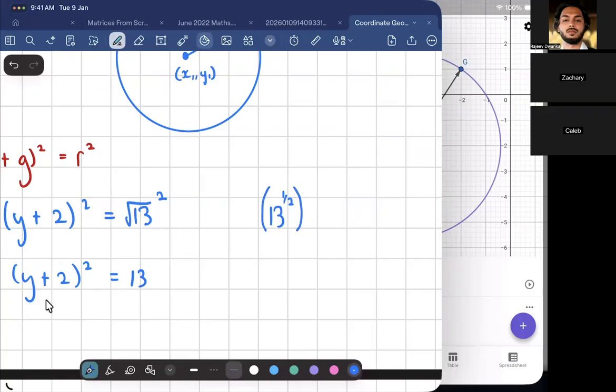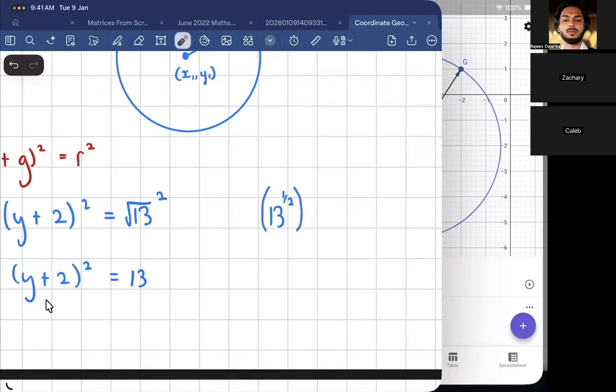By the way, if you're confused, this is a way to understand that this thing and this thing are the same. I'm just writing it differently. Okay? And Caleb, what were you doing to the square root of 13? You were squaring it.